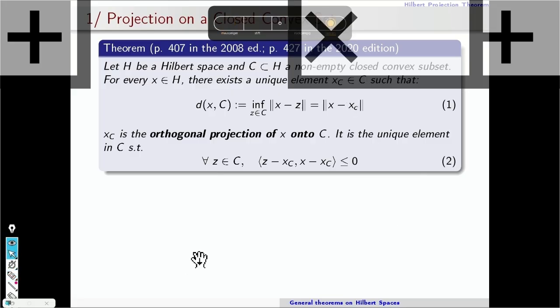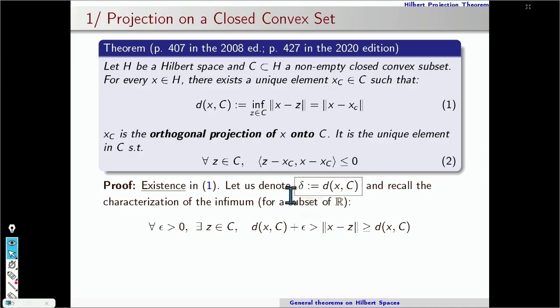So let me now start with the existence of this orthogonal projection. Let us denote delta the distance between x and C. If I add a positive number to delta, it will no longer be a lower bound of all distances.